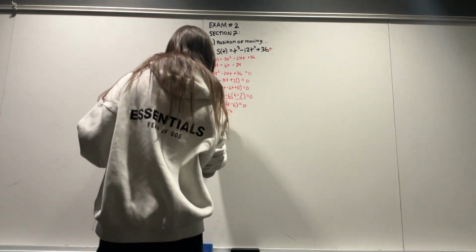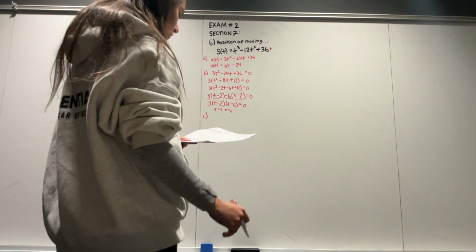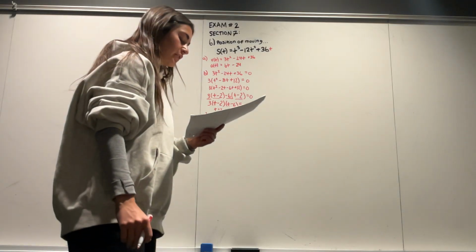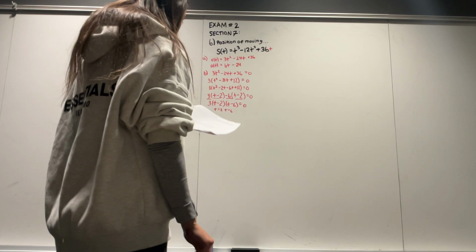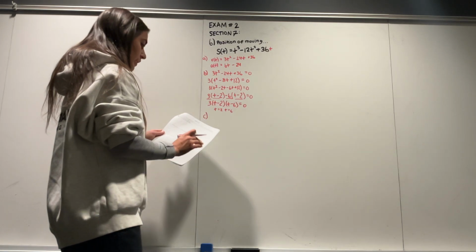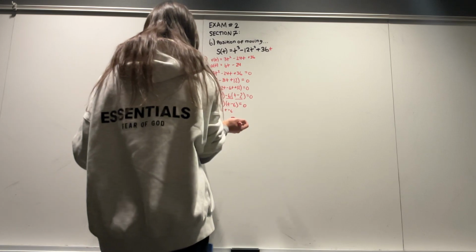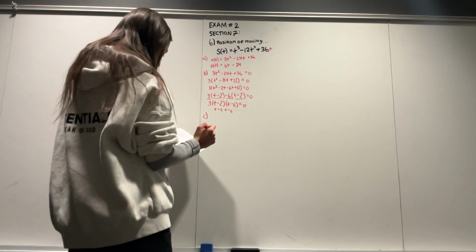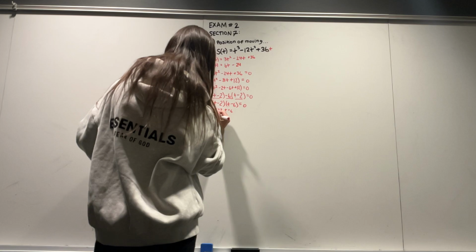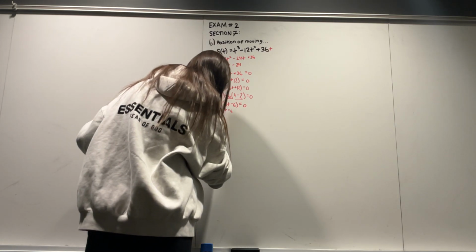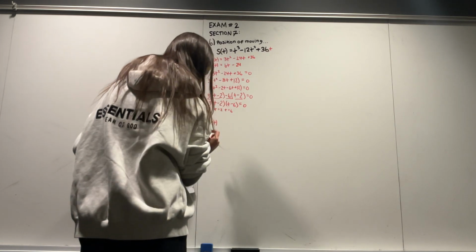Question C: algebraically determine the intervals where s of t is increasing. What we're going to do is make a sign chart with these values. It'll be v of t, and then a chart.